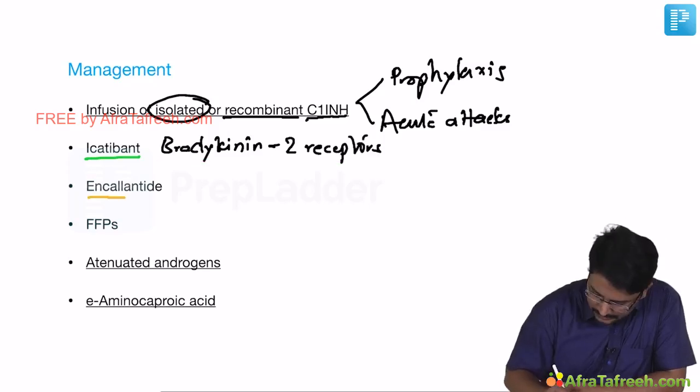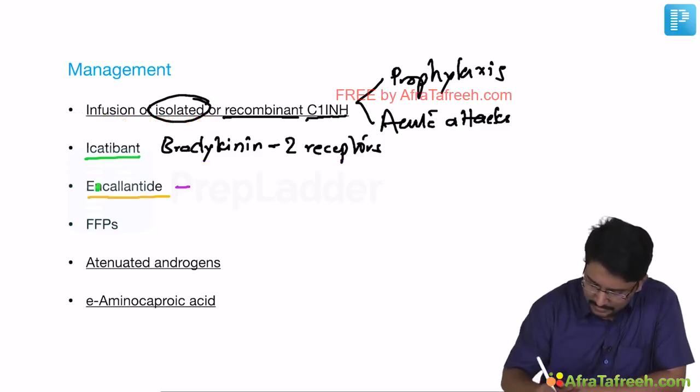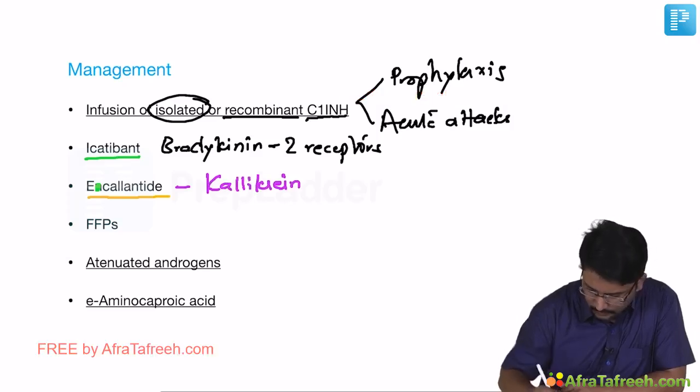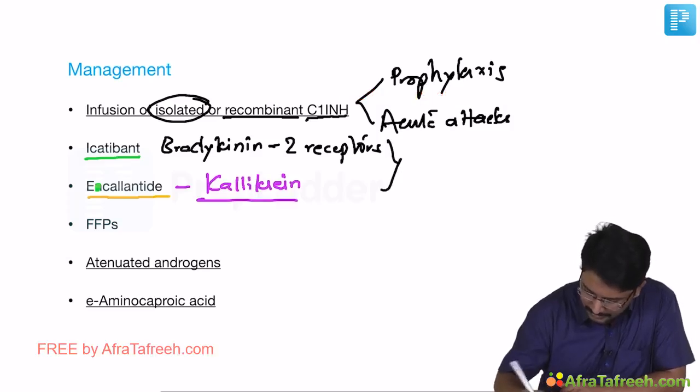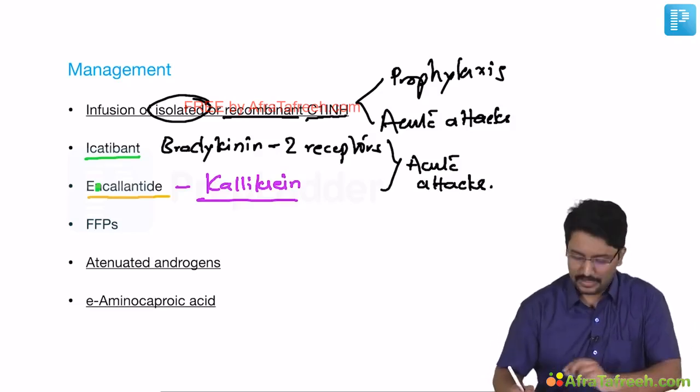The third, ecallantide. Inadvertently, I have added an N here. There is no N. It's ecallantide, which is a kallikrein inhibitor. Both icatibant and ecallantide are approved for management of acute attacks of hereditary angioedema. You may get confused between icatibant and ecallantide.